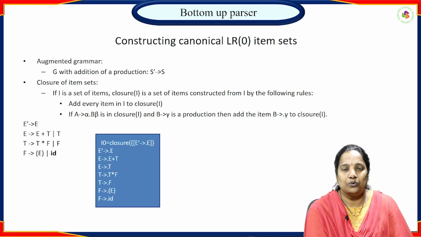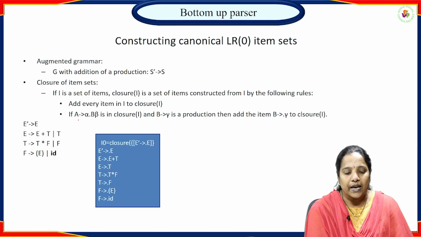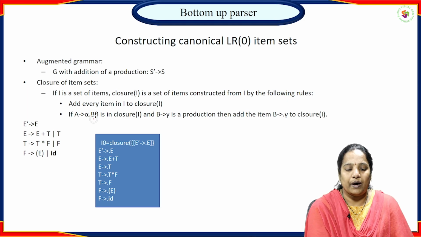Then how do we construct this? Here we have closure items for the given set of I. If we have any production A tends to alpha dot B beta in closure of I, already that particular production is there in our item construction. Then dot is followed by a non-terminal.